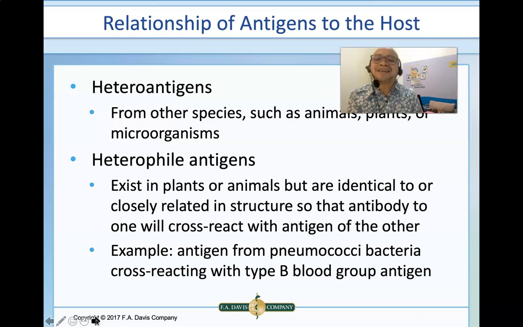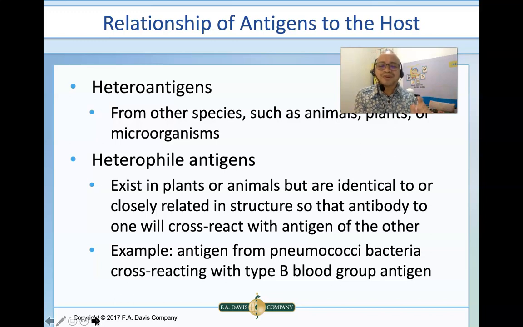Heterophile antigens. Okay, this is quite complicated. When you say heterophile antigen, it exists in plants or animals, but is identical or closely related in structure, so that an antibody will cross-react with the antigen of the other.